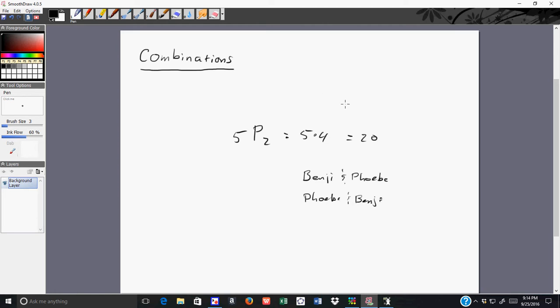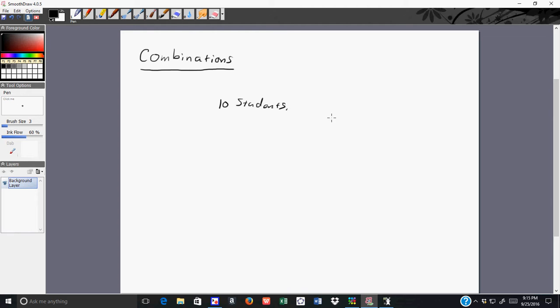Now, you might say, well, that's not always useful because if you wanted to make combinations of kids to get into groups, let's say you want to do group work and you had 10 students and you want to make a group of 4.